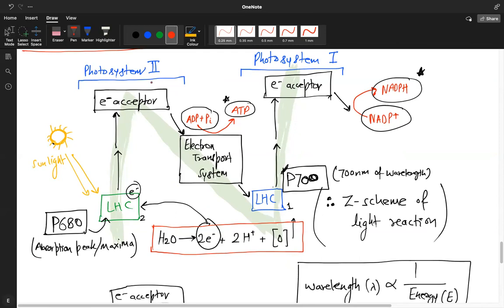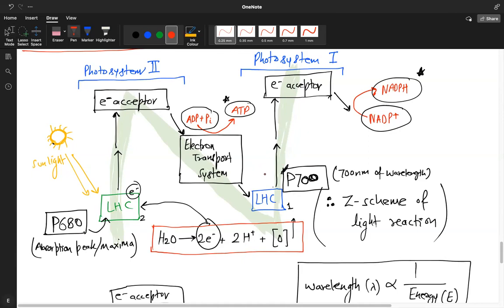If a plant has photosystem 2, it clearly will have photosystem 1 also, because photosystem 2 excites at 680, and by the end of this, the P700 gets excited, so it will make a Z scheme, obviously.